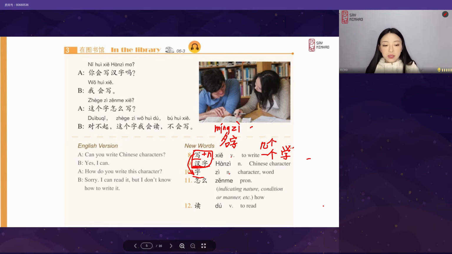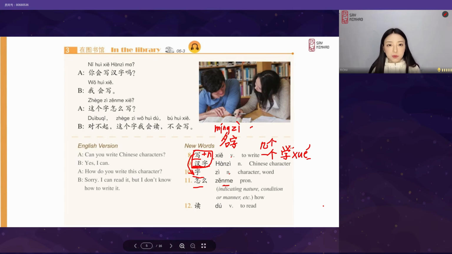It means to learn, to study. 学汉字, learn Chinese characters. And one character, not 汉字, just 字, is 一个字. How many characters? 几个字. Very good. Now let's move on to the next new word, which is 怎么. 怎么 has a neutral tone and means how.